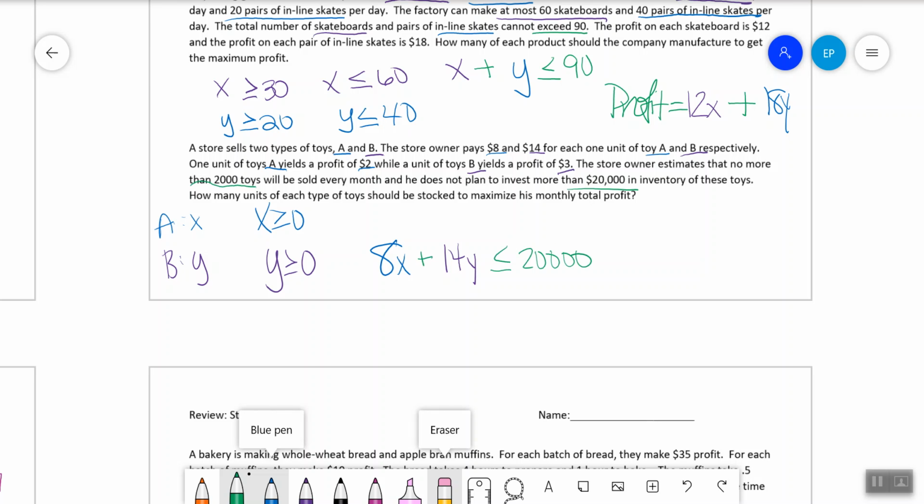And then respectively, he's going to sell no more than 2,000 toys. So these values are going to get added together, and no more is less than or equal to 2,000.